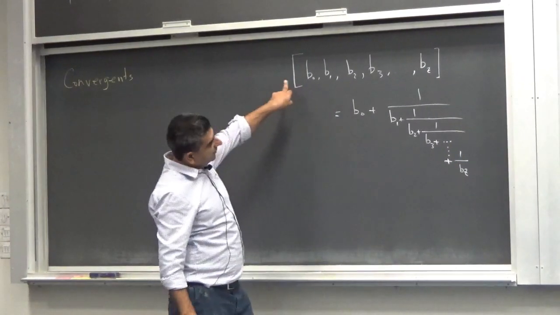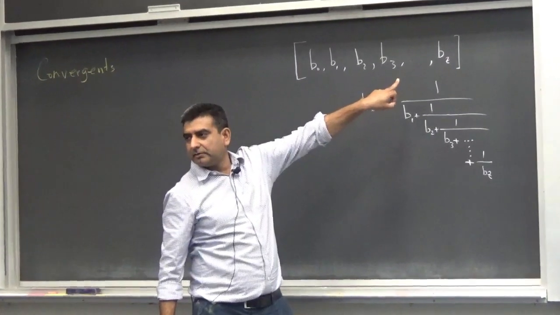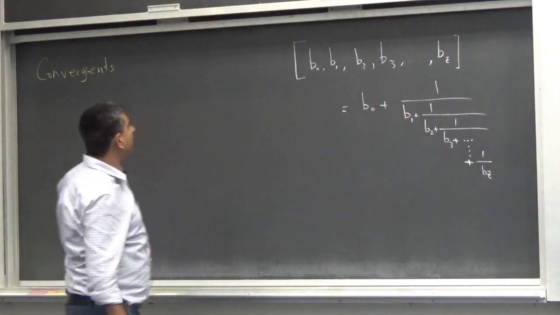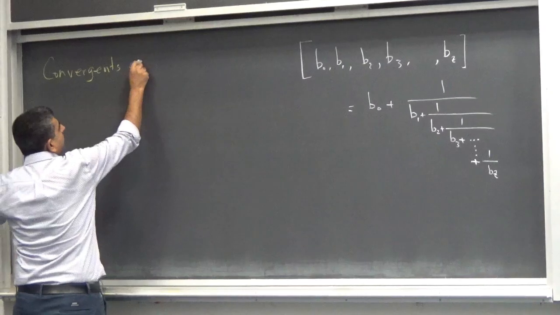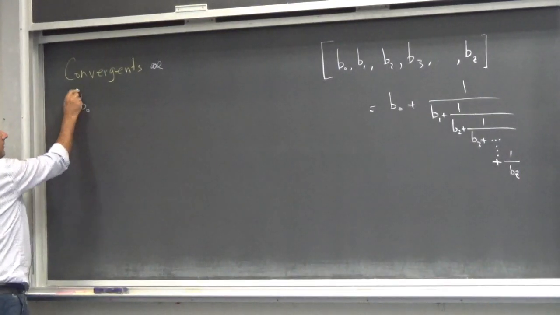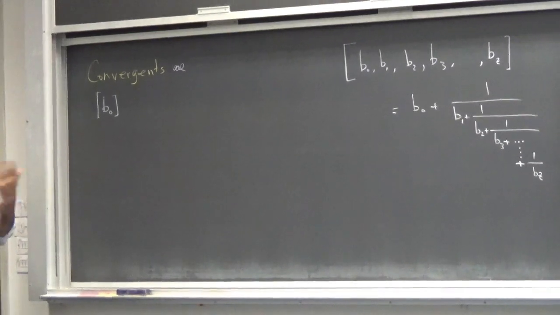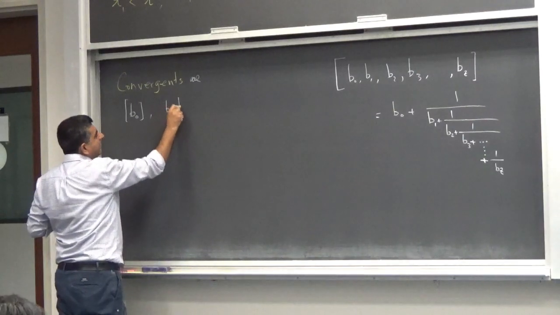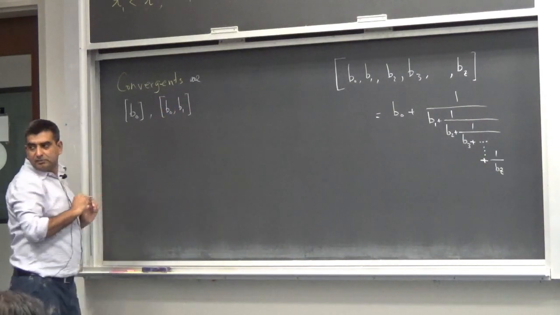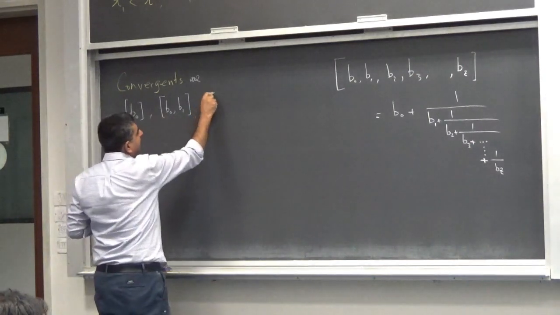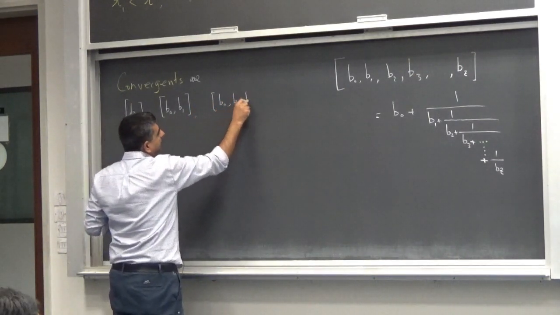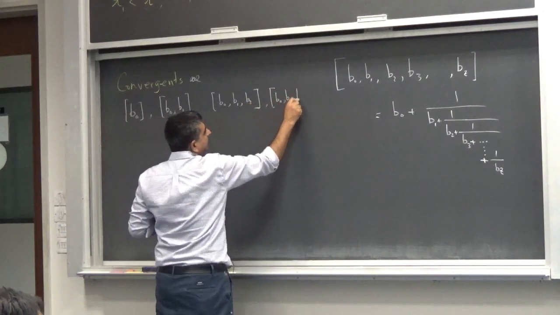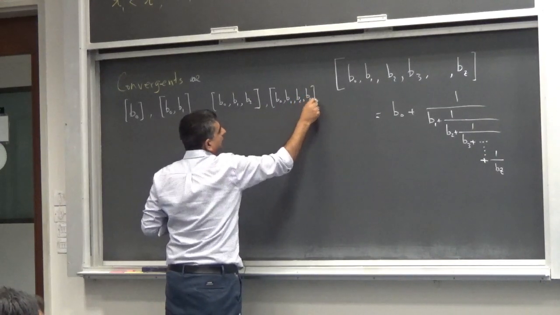So this thing is written in compact form in this manner. The convergents of this fraction are: b naught, the lowest order convergent. The next convergent is b naught, b1. The next is b naught, b1, b2. The next one is b naught, b1, b2, b3, and so on.